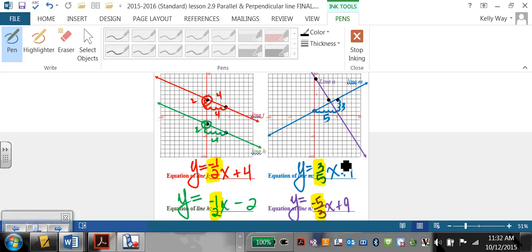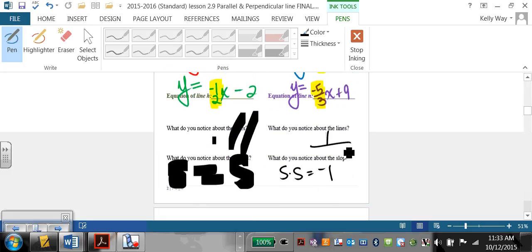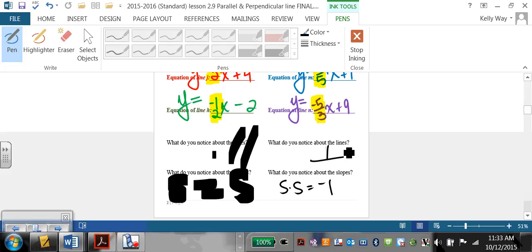Okay, ready? Check. Okay, so the blue is going to be y equals 3 over 5 x plus 1. You said they're perpendicular? Okay, and then the pattern going on is they multiply to negative 1.